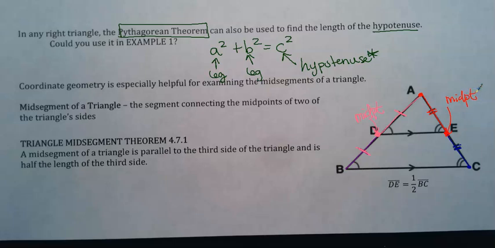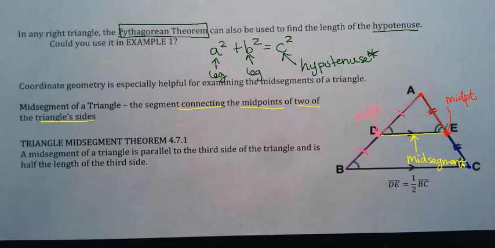So what we have, this D to E, is a mid-segment, because it connects the midpoints of two of the triangle sides. So it connects the midpoint D to the midpoint E with a mid-segment. That's what a mid-segment is.